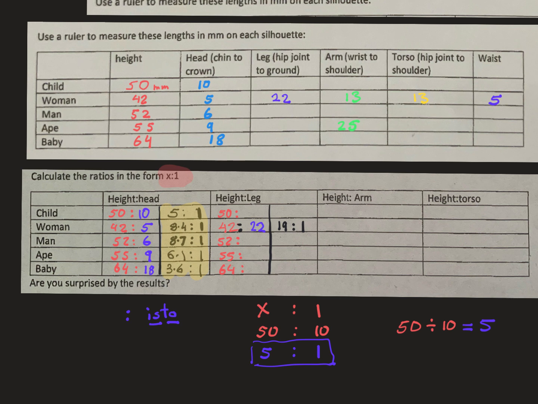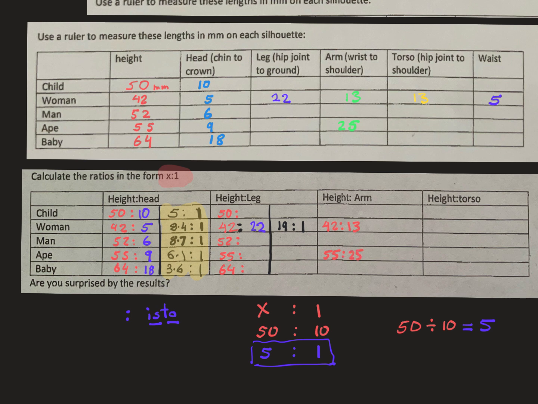I'll just go and do the height there again. So in the height for the woman, it'll be 42 is to 13, because I've got that scale. And I also have the measurements for the ape's arm, so I can say that that's 55 is to 25.